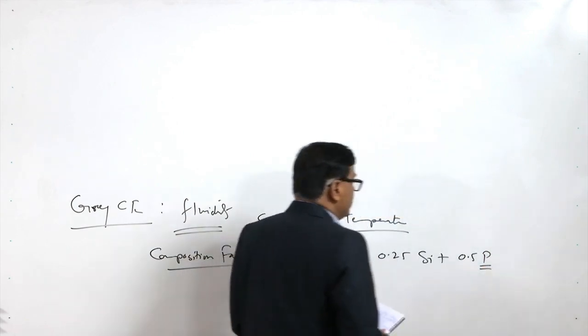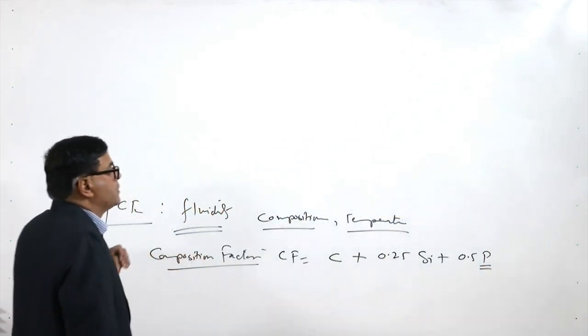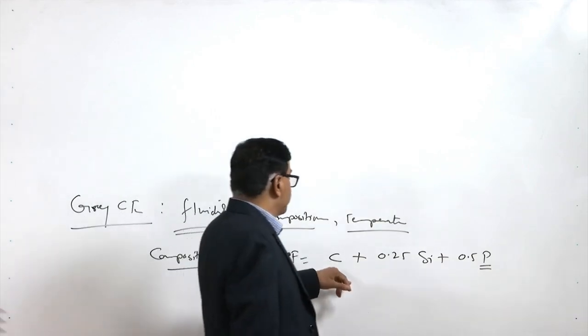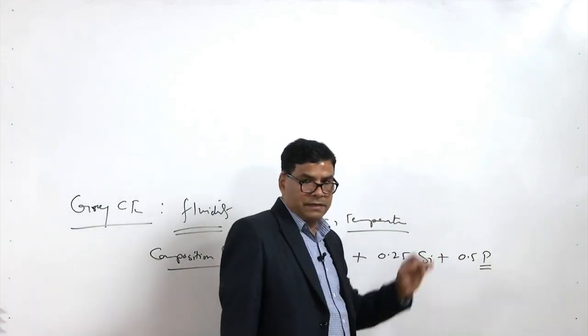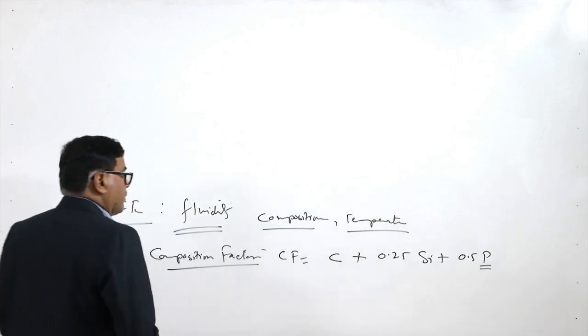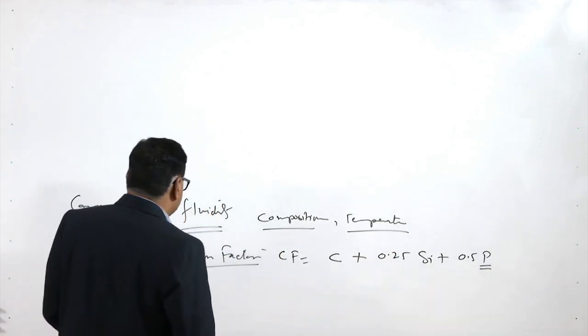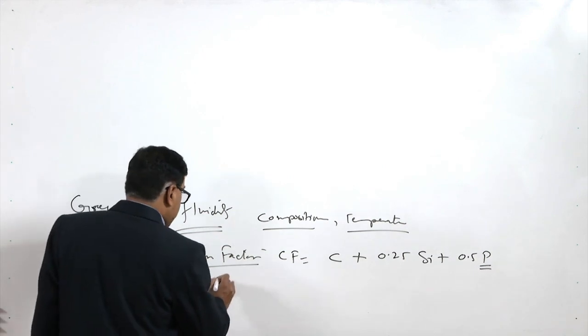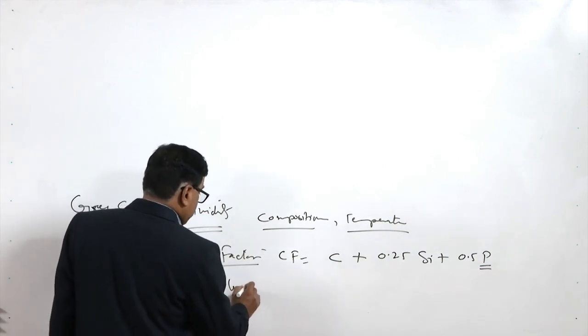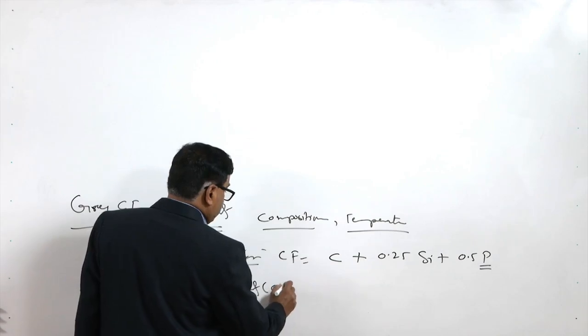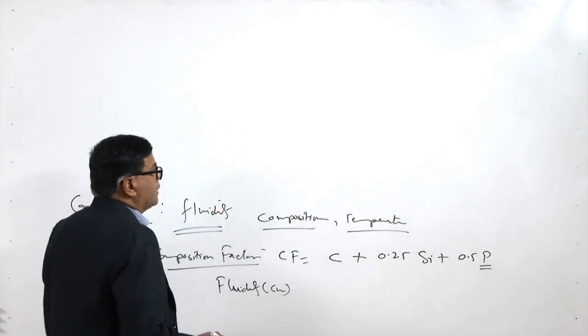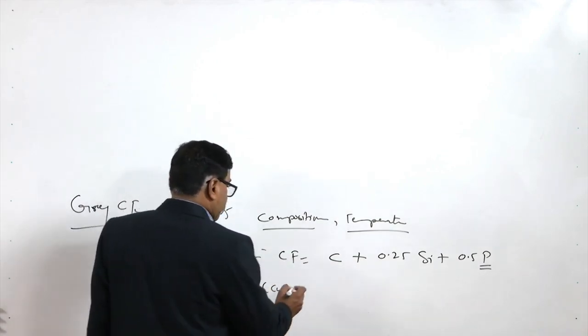So, these symbols represent the weight percentage of carbon, silicon and phosphorus, which are to be used for calculating the factor Cf. Then the fluidity is to be measured in terms of length in centimeter. I will come to how it is measured.